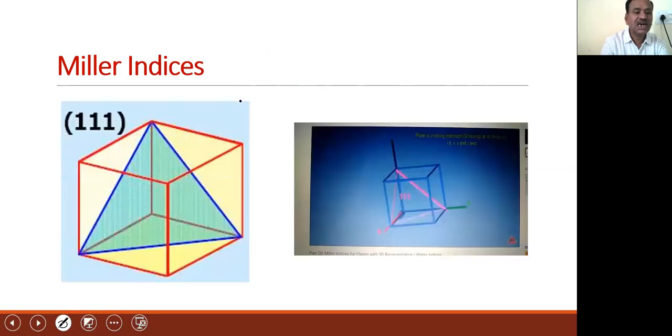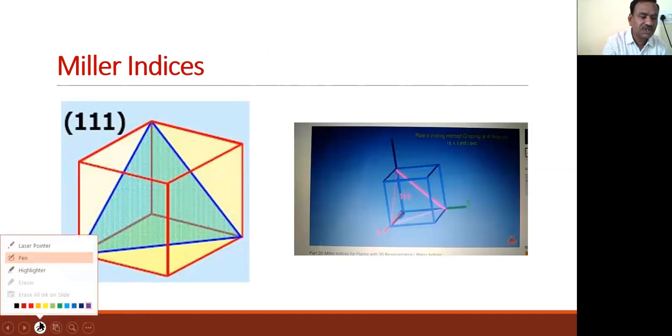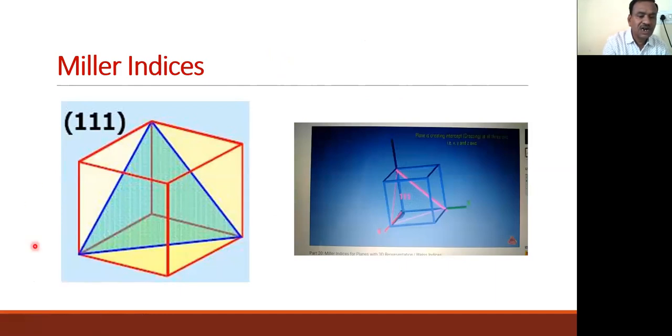Here, I give one more example of a crystal structure. See here. This is the x-axis, though not extended. Where is it intercepted? At this point, one lattice point. Along the y-axis, at this point, one lattice point. Along the z-axis, one lattice point.